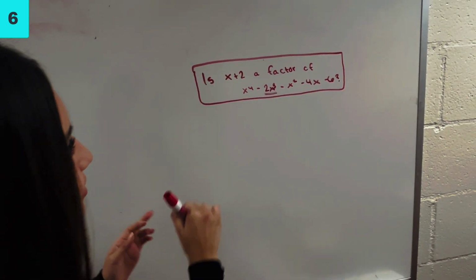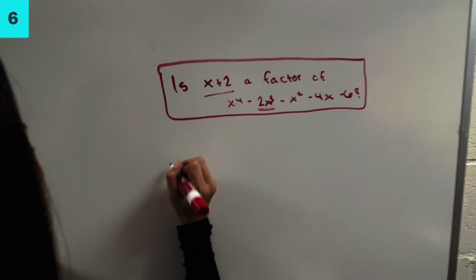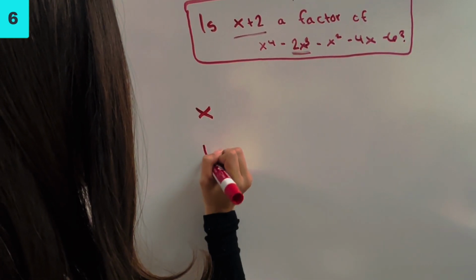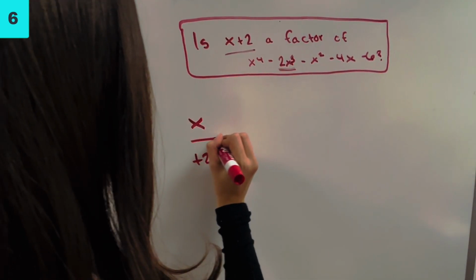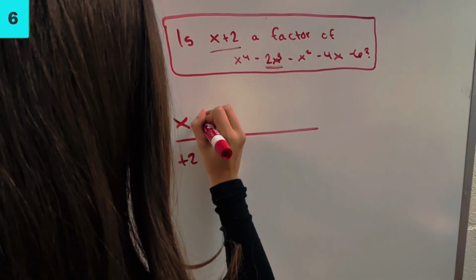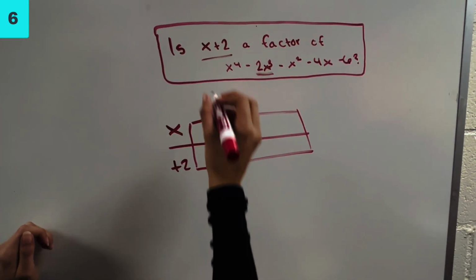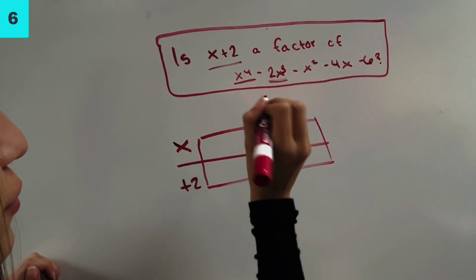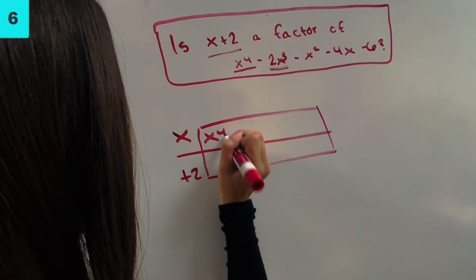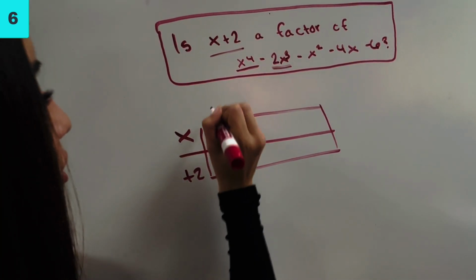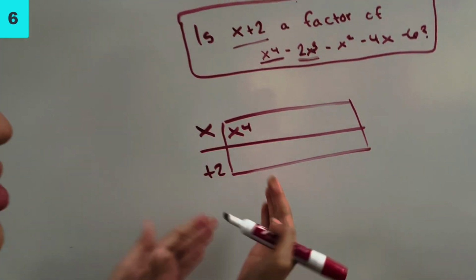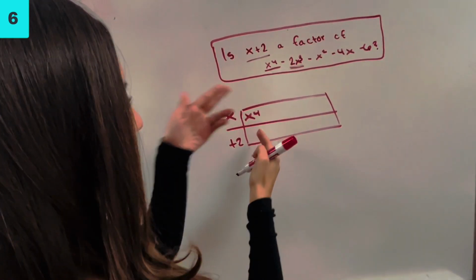So first, you're going to put this on the left side of the box. And then you're going to put x to the 4th power in this one. And then you have to figure out how to find the numbers.